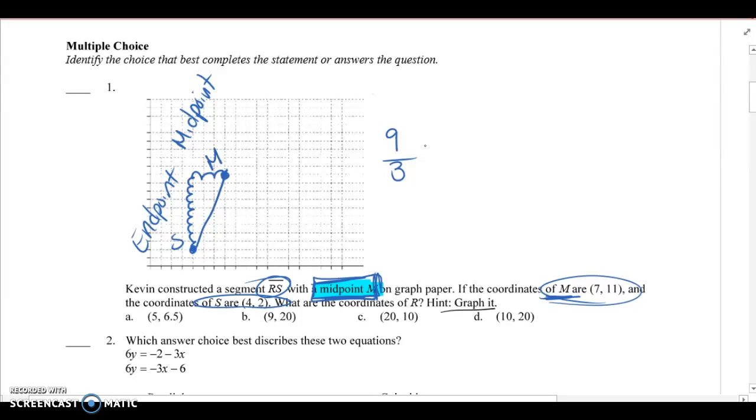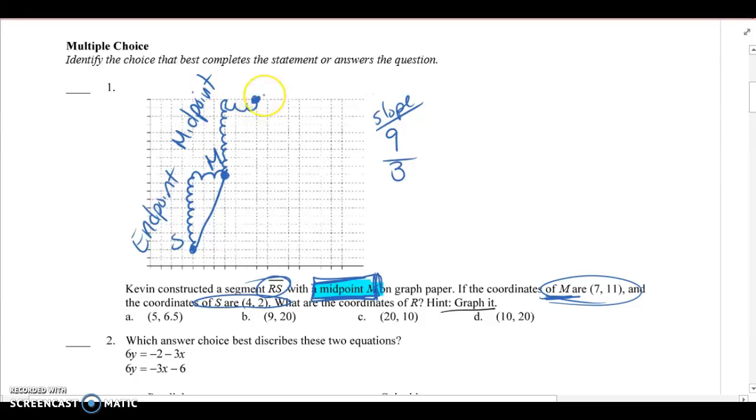So you can just repeat that. This would be your slope, right? So now just repeat the slope. Okay, we said 9. So we're going to go up 1, 2, 3, 4, 5, 6, 7, 8, 9. Then we have to go over 3: 1, 2, 3. So it'd be right here.